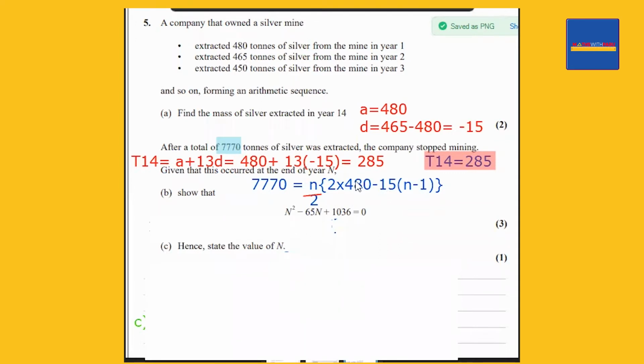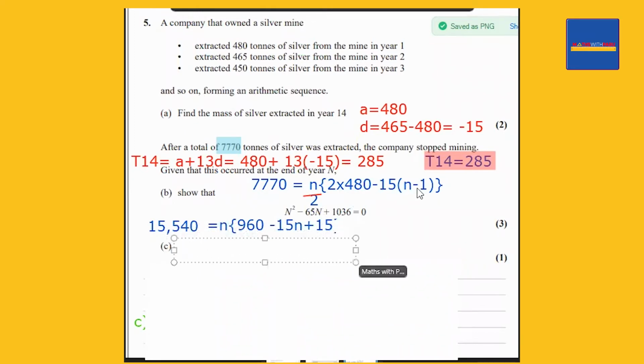Now, I'm going to simplify this. 2 into 480 is 960, and then minus 15 into n is minus 15n, and minus 15 into minus 1 is plus 15. Then we simplify that as well: 960 plus 15 gives us 975.